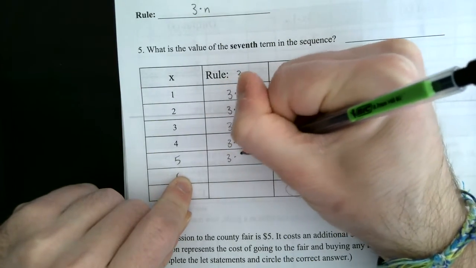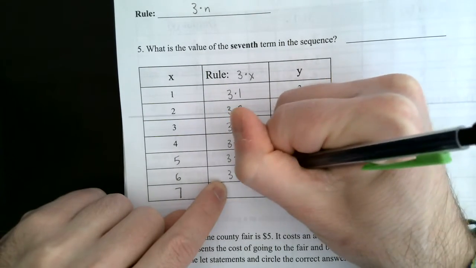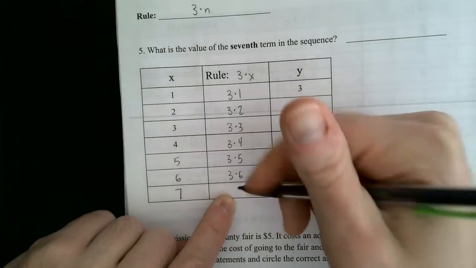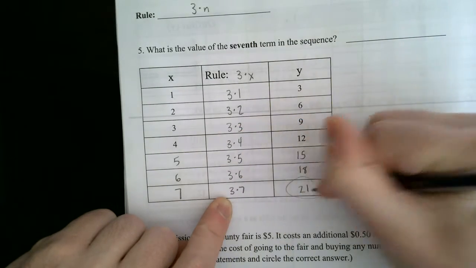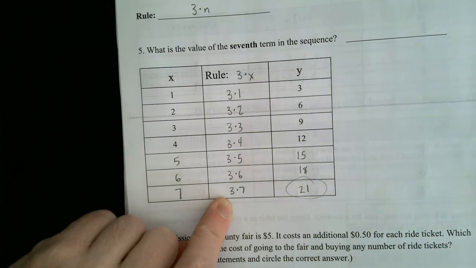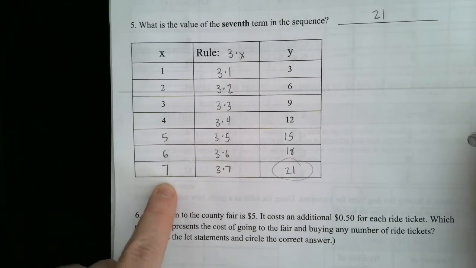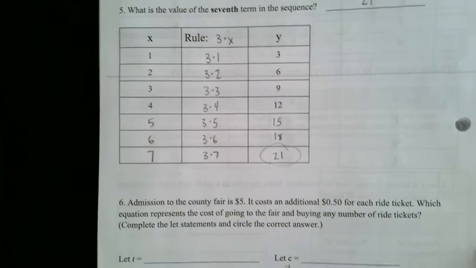Now, to find the 5th term, we'd multiply by 3, we get 15. The 6th term, 3 times 6 would be 18. And, of course, what we're looking for is the 7th term. 3 times 7 would be 21. So 21 would be our answer. That's called the 7th term in the sequence because that would be when x is 7 or the input is 7. What's our output? It's 21.